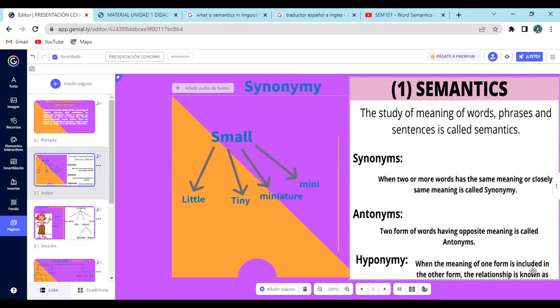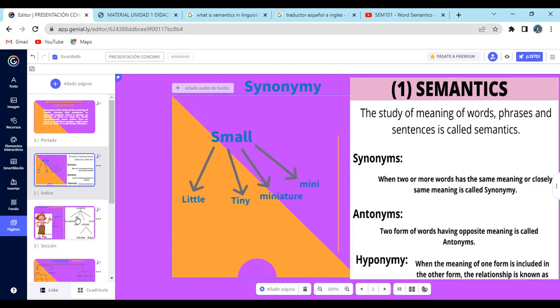The relationship is known as hyponymy because we take into account the meaning of the word and we draw a different kind of diagram, but there we include the relationship of the words and the characteristics, as you can see here. I'm going to jump.